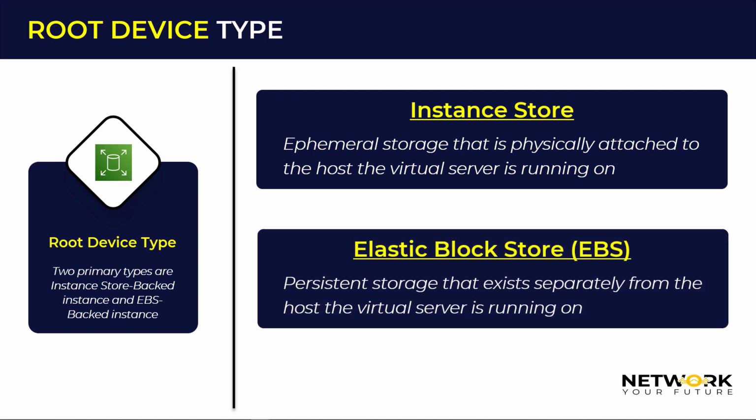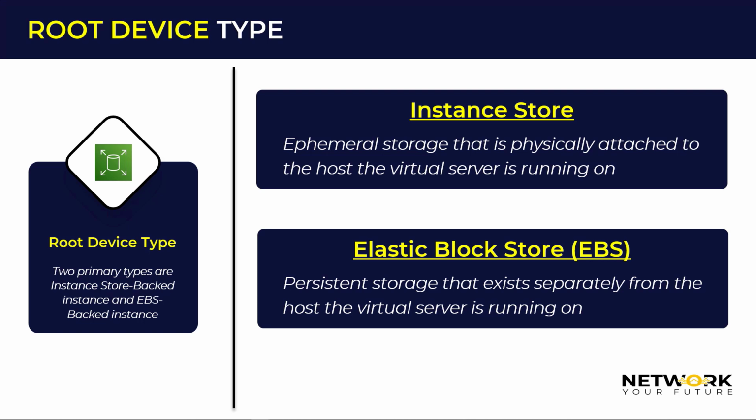An EBS-backed instance means that the root device for an instance launched from the AMI is on an EBS volume, which is typically created from an EBS snapshot. An EBS volume behaves just like a raw, unformatted external block device, similar to a portable network attached storage that you may have seen, which most people call an external hard drive.